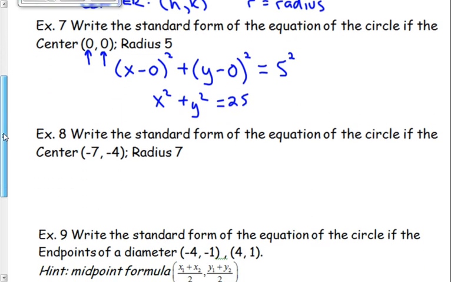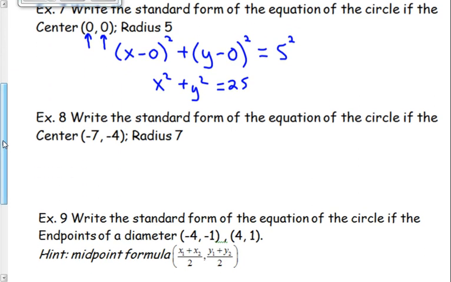All right, if we put some numbers in there other than the origin for our center, it's still just as easy. So we have x minus a negative 7 as my x coordinate of my center. So I'm going to do plus 7, minus a negative is plus, squared, plus, for the y, my center is negative 4.